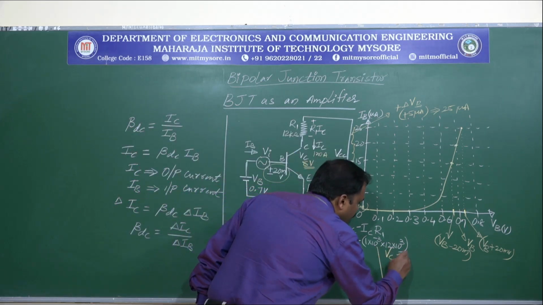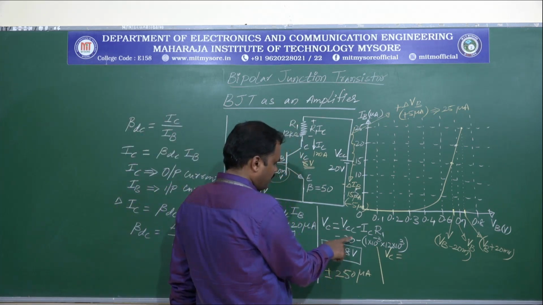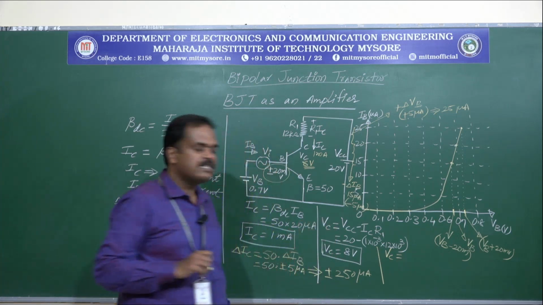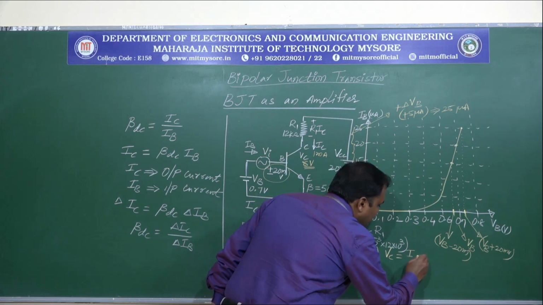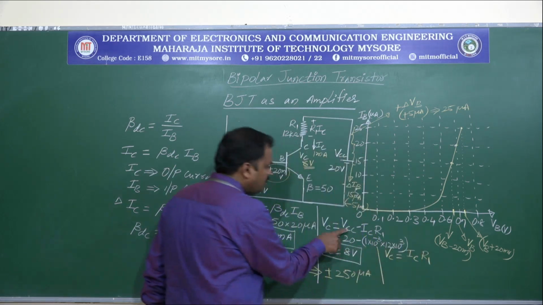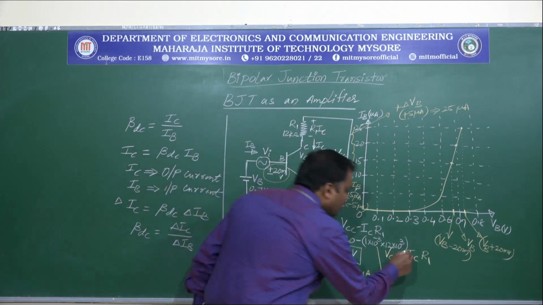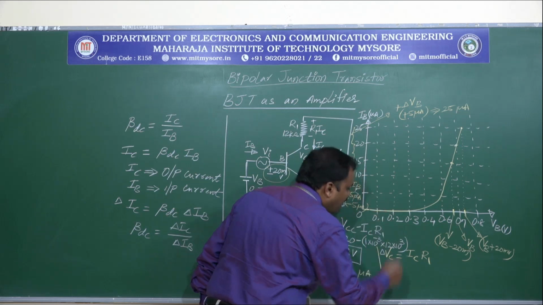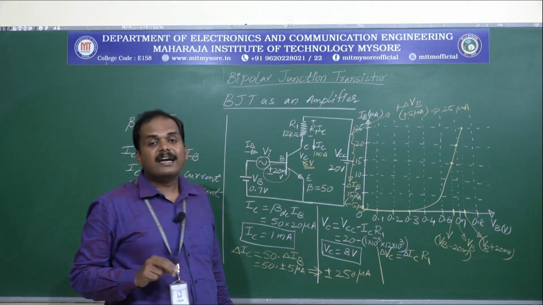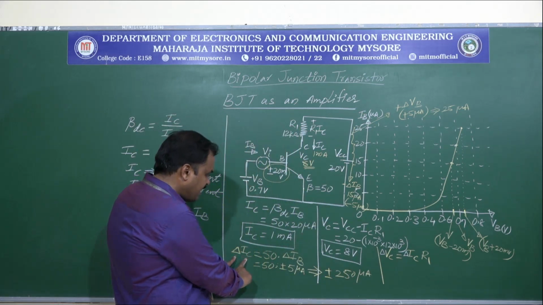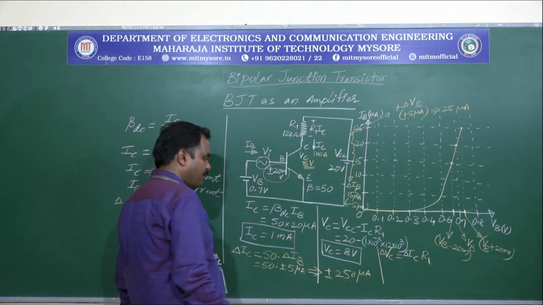We have the equation VC is equal to VCC minus IC into R1, and since VCC is constant, the change in VC depends on IC into R1. What I am trying to write here is the change in the output voltage because of the change in the output current IC, because IC has changed by plus or minus 250 microamperes.